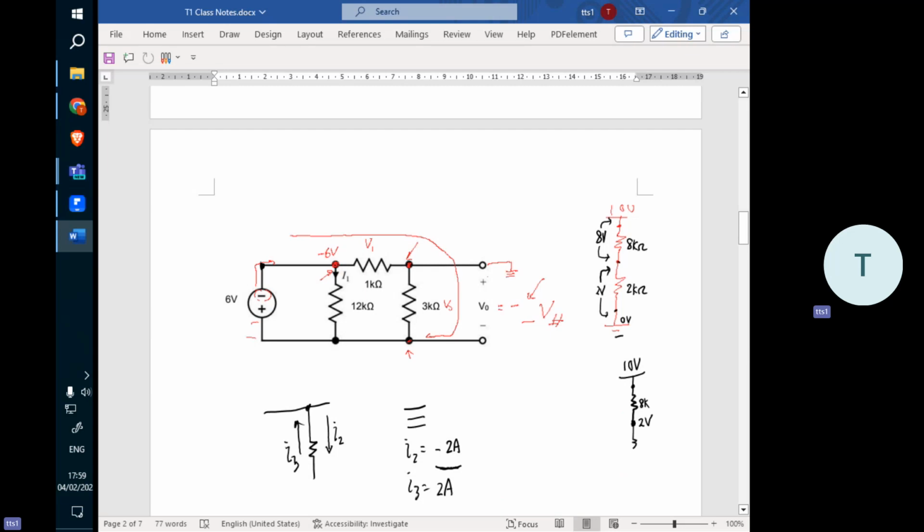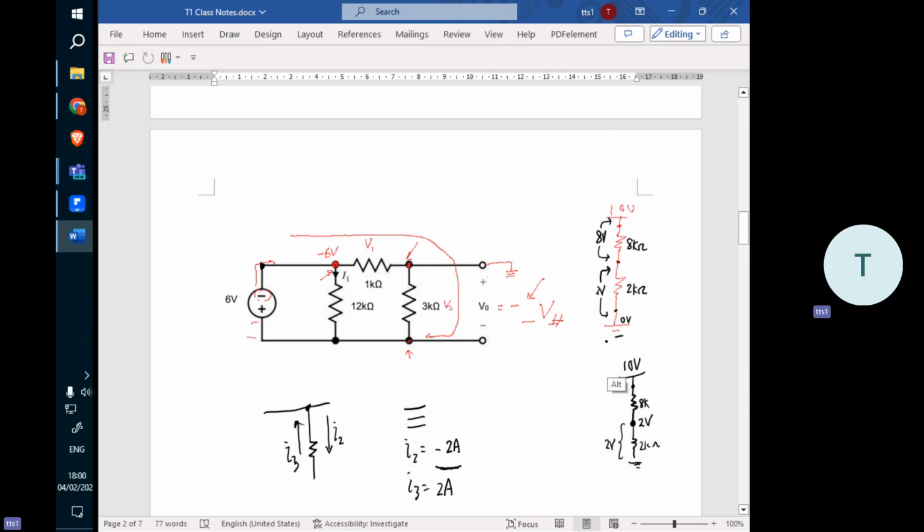And then the other 2k is gone. If you measure the potential here, it is 2 volt. But if you understand the logic behind what we call voltage division, 10 volt is divided by 8 and 2, in the ratio of 8 and 2.